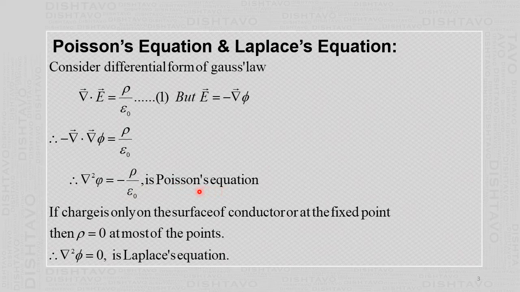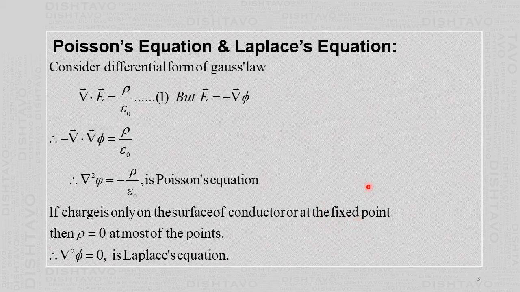Now in some special cases, the charge is only on the surface of the conductor. Normally, when we take a conductor, as we have seen in the previous chapter, charge resides on the surface of the conductor. So if the charge resides on the surface, in the inner volume there are no charges. That means charge density is 0. Or we can use this when the full charge is fixed at a point, what is called a point charge.